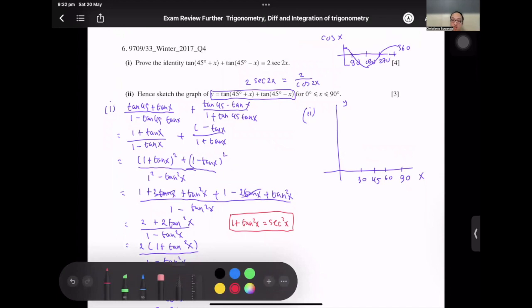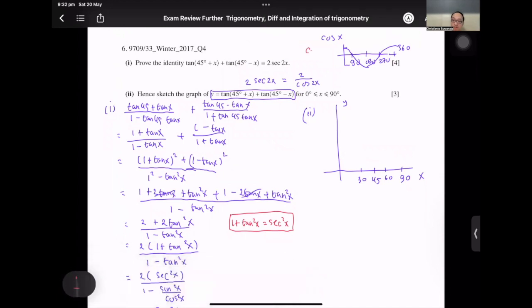How about cos 2x? Cos 2x means the period is now half because of the 2 here. So if the cos x has period 360, the cos 2x will have period 180. So that means in 180, it will have 1 period. And it will continue to another 1 period for 360.